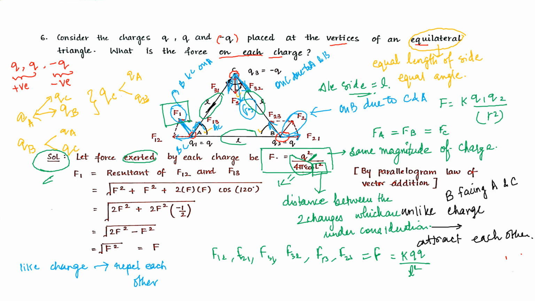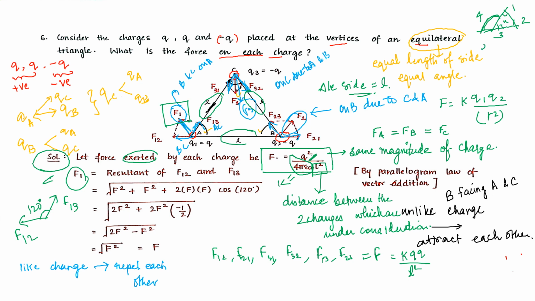So the resultant F1, which is the resultant of force F12 and force F13, making an angle of 120 degrees. This is the external angle of the triangle. Okay, look at the right corner of the slide here. When we are dealing with a triangle, this is x1, x2 and x3. What is the value of this fourth angle?